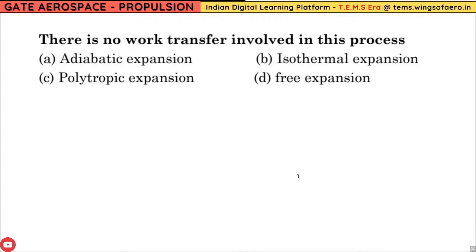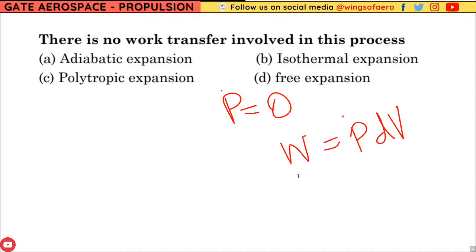Alright. Okay, one more thing. Let me tell you, when we are considering a free expansion, keep this point, this is also one of the key points. Whenever we are talking about free expansion, that means free expansion takes place in a vacuum, where we consider the pressure to be 0.